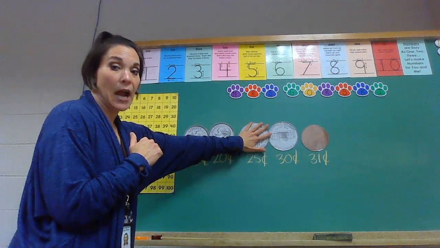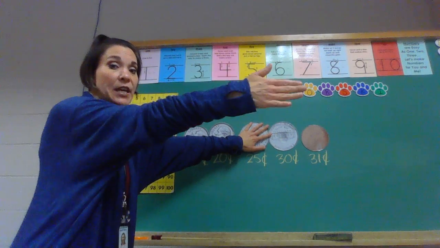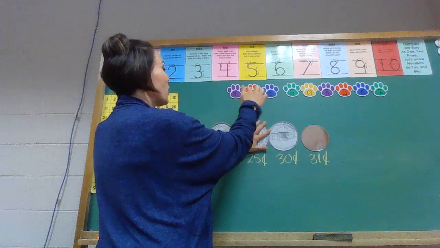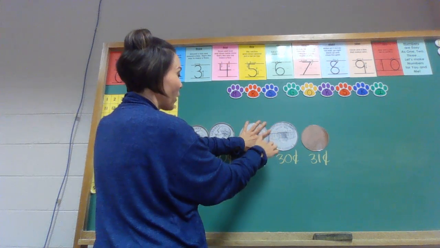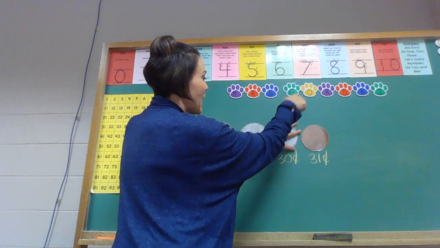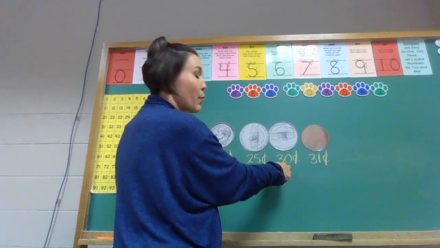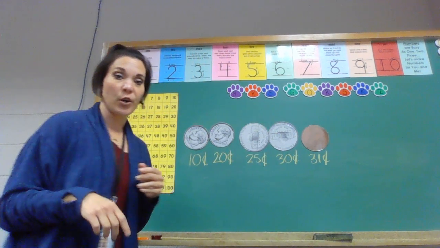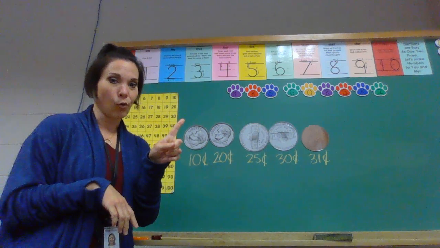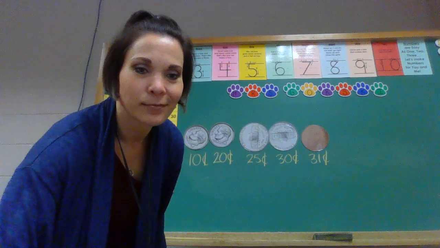Put your hand down for each 5 you see. It's okay to do that. 10, 20, 21, 22, 23, 24, 25. Look, it matches. 26, 27, 28, 29, 30. Ooh, it matches. Then you're 31. This total will be 31. Stay tuned. 1 more.